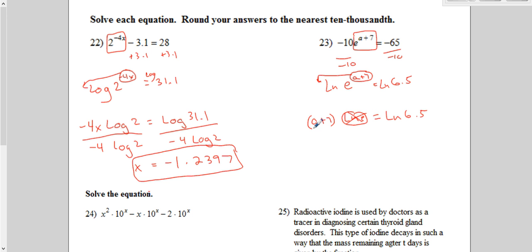And to get a by itself, all I need to do is subtract 7. So a is equal to the natural log of 6.5, and then that value minus 7. So I will get negative 5. So a equals negative 5.1282.